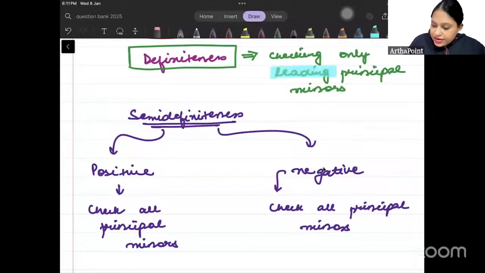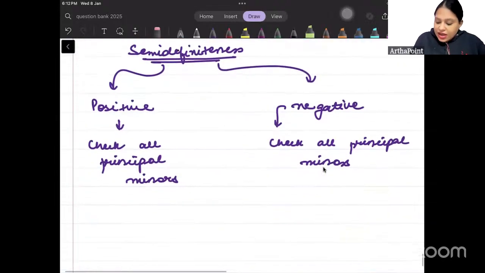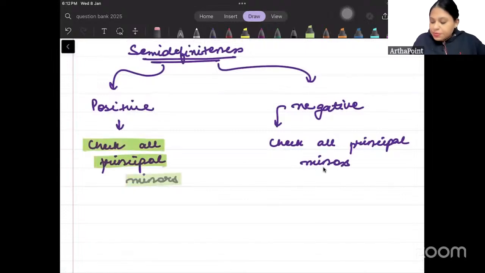But suppose we find out that there is a matrix which is not positive or negative definite. Then for semi-definiteness I need to check all principal minors.